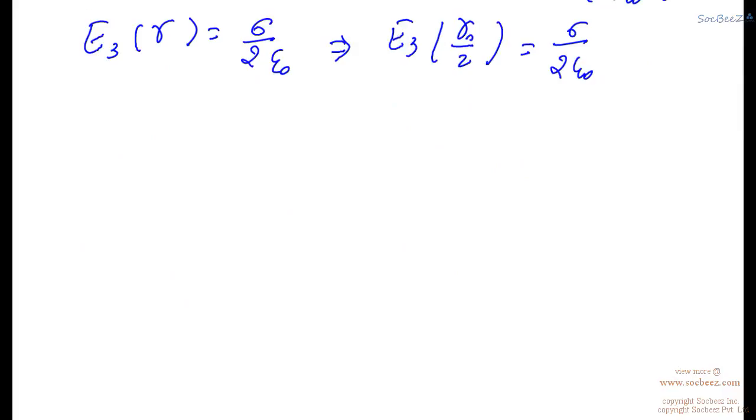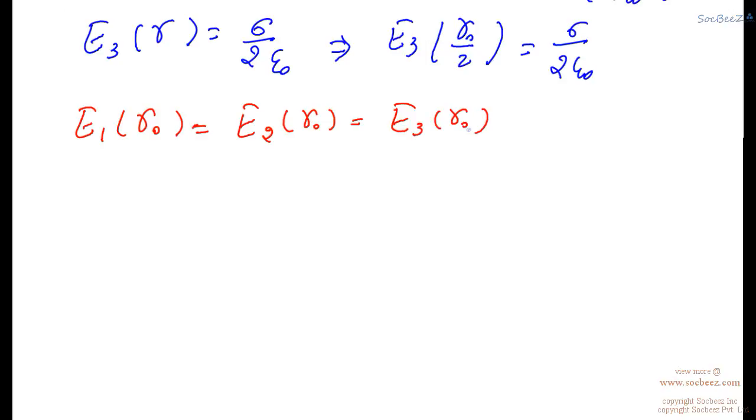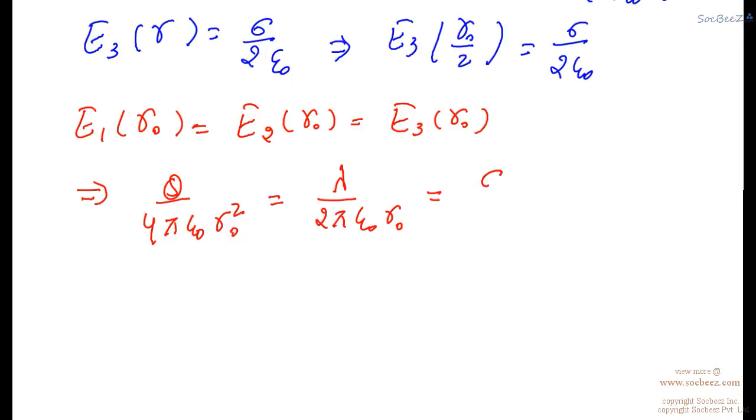Now since it is given that E1(r0) equals E2(r0) equals E3(r0), this implies that Q upon 4 pi epsilon naught r0 square equals lambda upon 2 pi epsilon naught r0 equals sigma upon 2 epsilon naught.